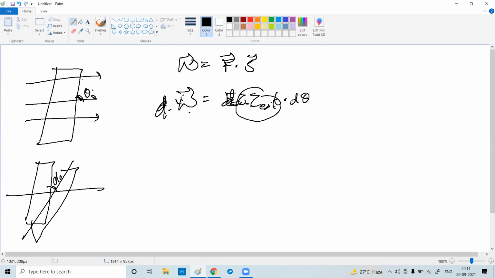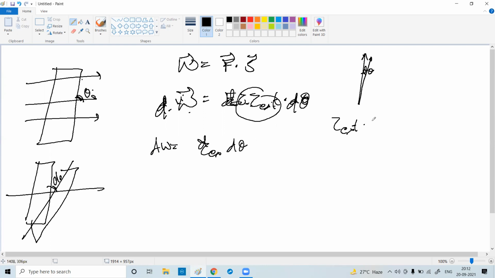That is the torque applied on the dipole in rotating it a little bit, slowly. The dipole is here, it is rotated a little bit. So d theta. Okay, so dW is tau external into d theta.